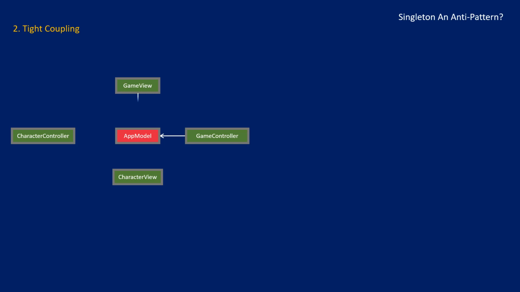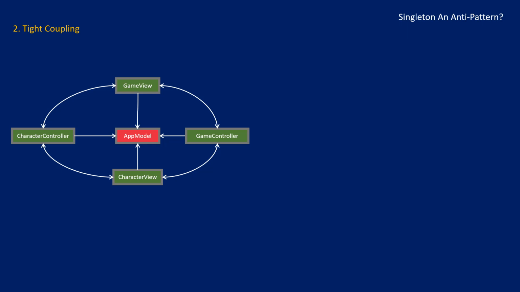And that would affect the game view if it is accessing that value. Likewise, any of these classes can change the state of the model object, and changing the model state will affect the rest. This makes all these classes dependent on each other, making almost the entire application tightly coupled.